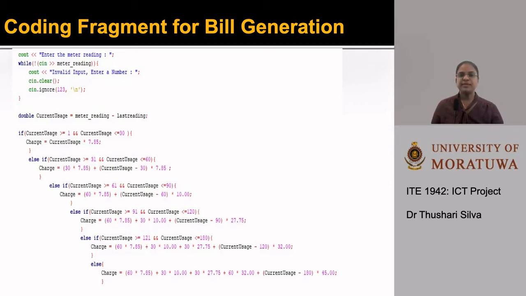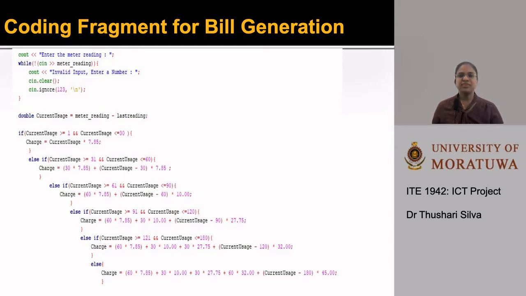Therefore, maintaining accuracy is critically important. You might observe that putting these numbers for each and every range, let's say 7.85, appears in many places in the logic. But if for any reason the electricity board decides to change these rates, changes are not easily made with this approach.